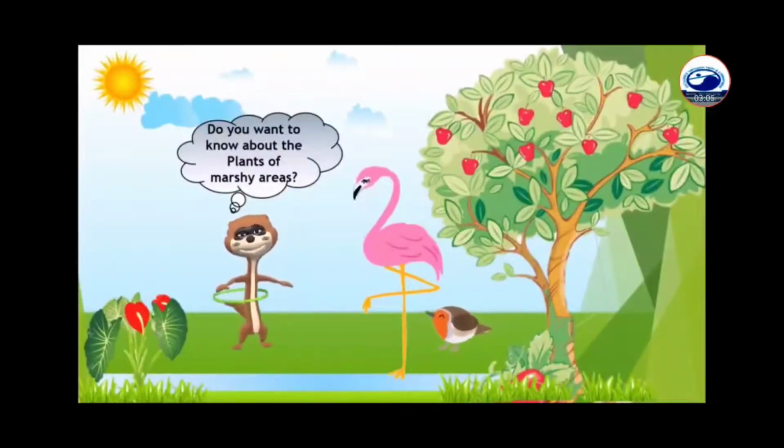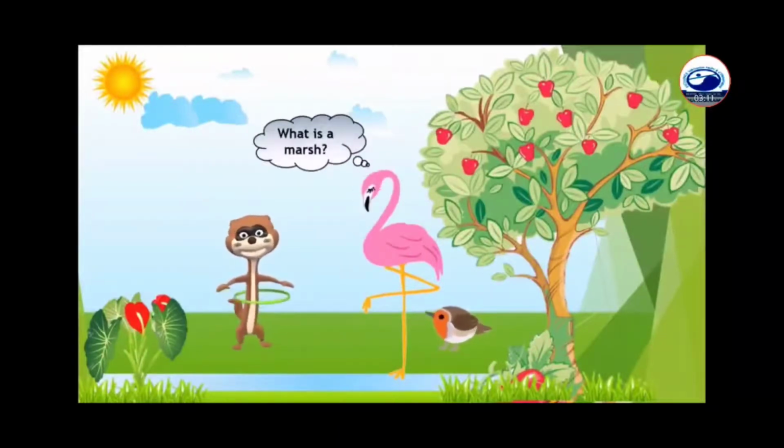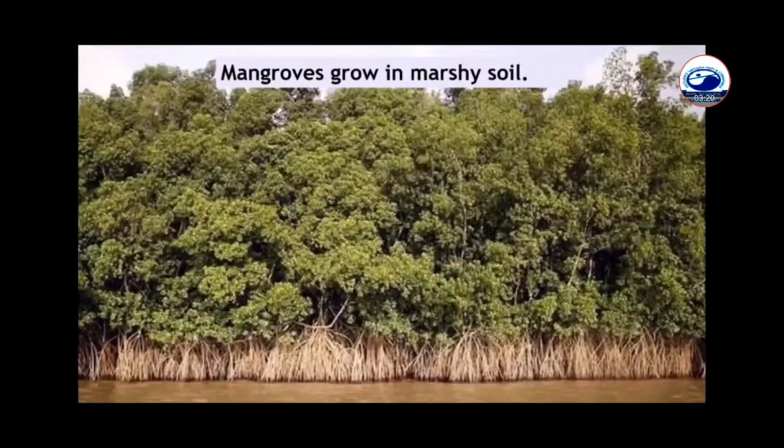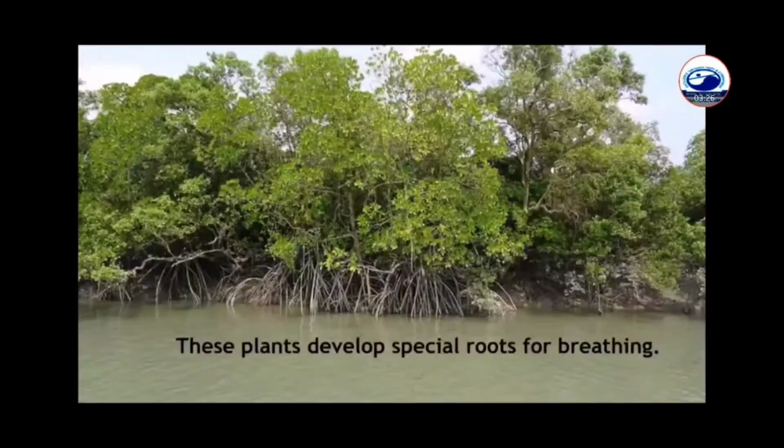Do you want to know about the plants of marshy areas? What is a marsh? A marsh is a very wet, muddy area on land. Mangroves grow in marshy soil.